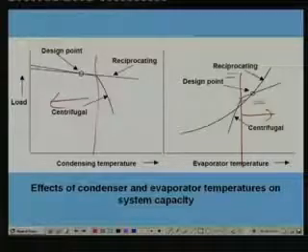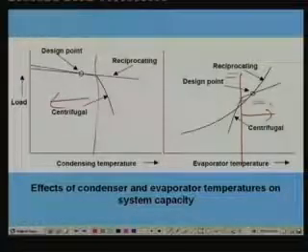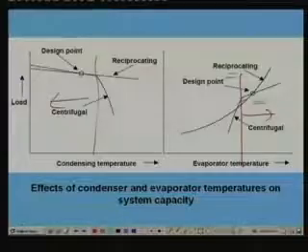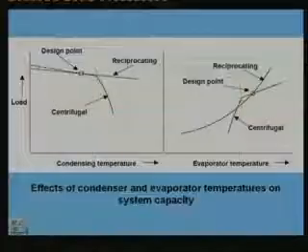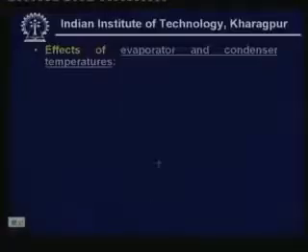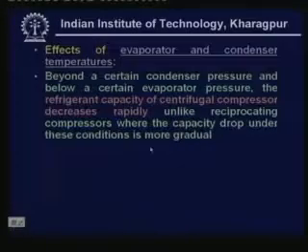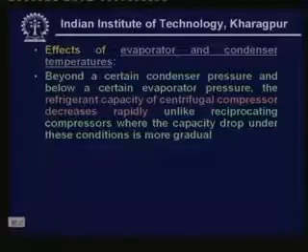That means for a given change in the refrigerant capacity, the change in evaporator temperature is less for the centrifugal compressors. So that is what is mentioned here. Beyond a certain condenser pressure and below a certain evaporator pressure, the refrigerant capacity of a centrifugal compressor decreases rapidly, unlike reciprocating compressors where the capacity drop under these conditions is more gradual.